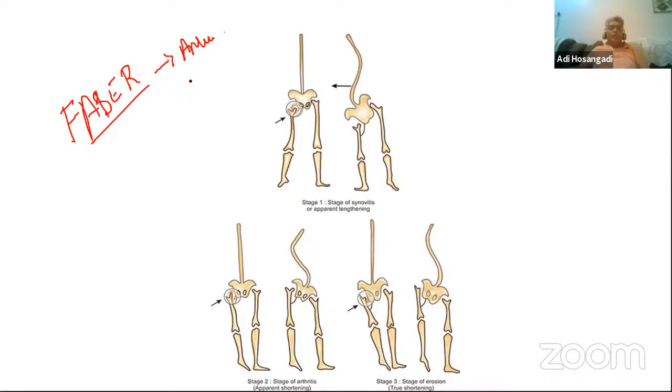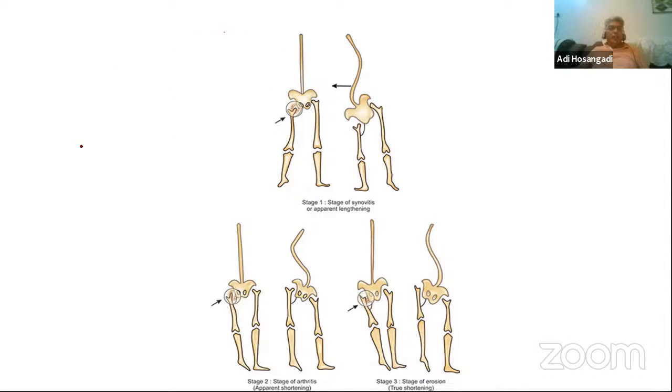Please remember, this is an extra point, not connected to tuberculosis, but flexion, abduction, external rotation with apparent lengthening can happen in anterior dislocation, which can be anterior traumatic dislocation also, and it can happen in poliomyelitis.